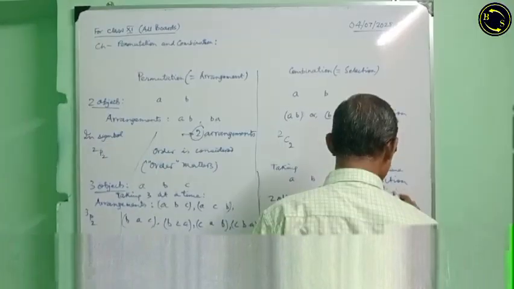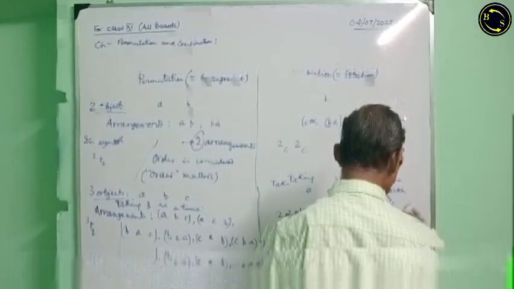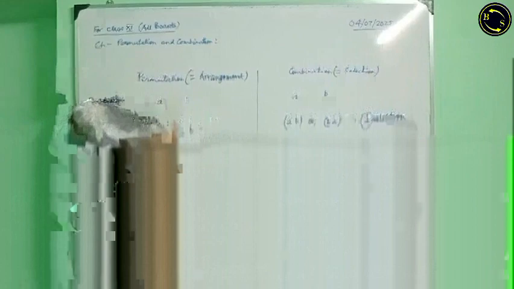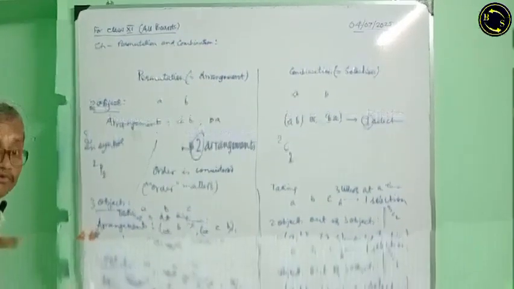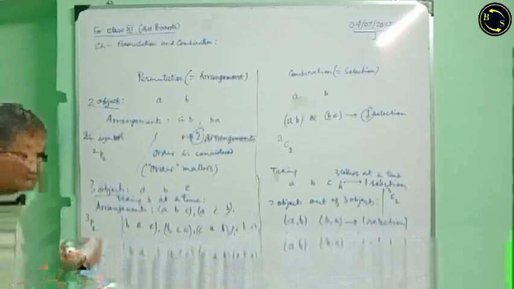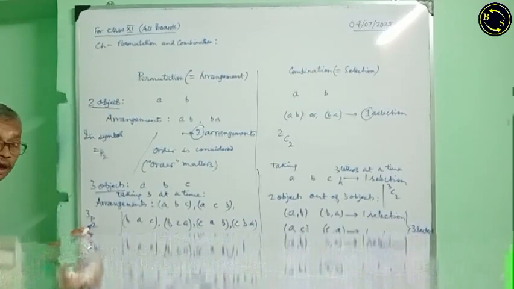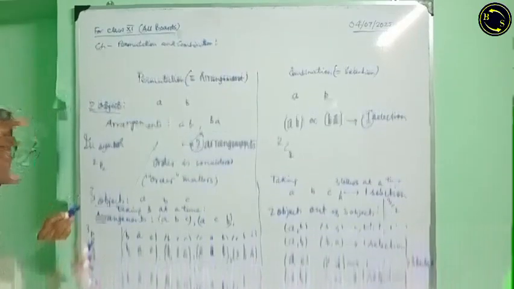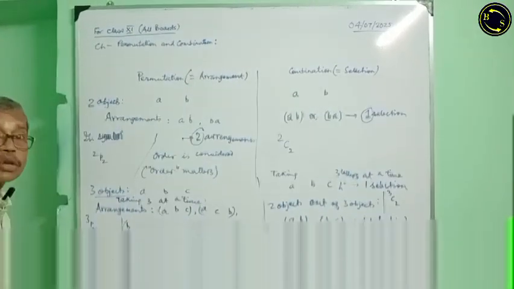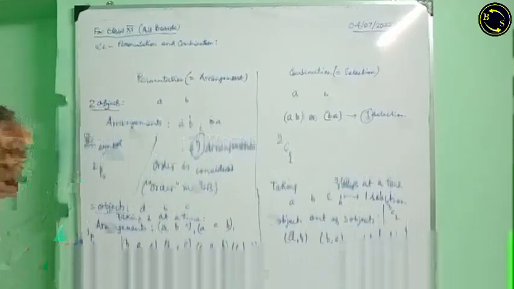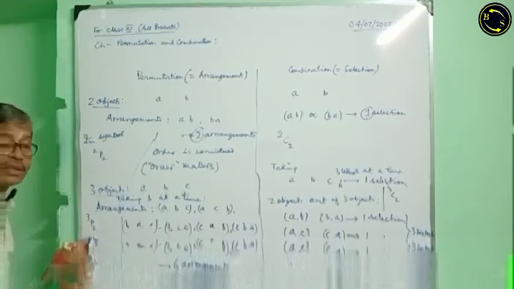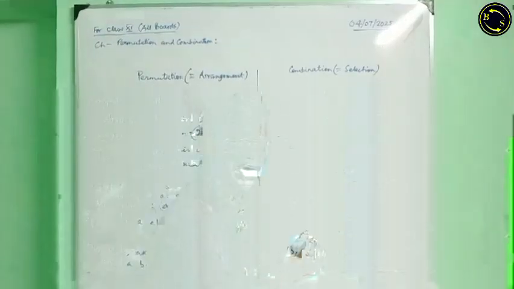And here it is 3C2. The topmost number indicates the total number of different objects, and the lower number indicates the number of objects you are taking. In case of permutation, you are arranging. In case of combination, you are selecting.